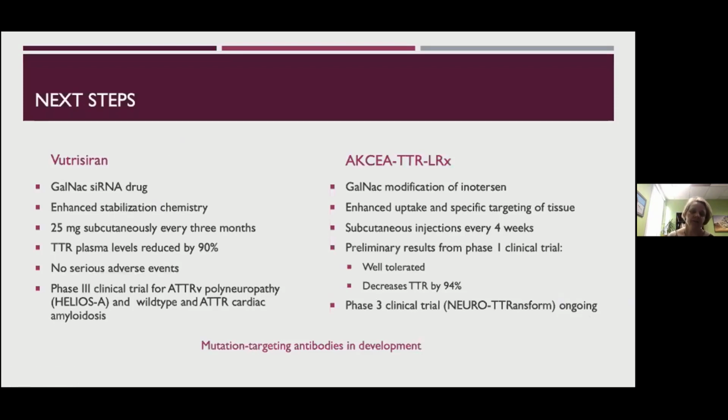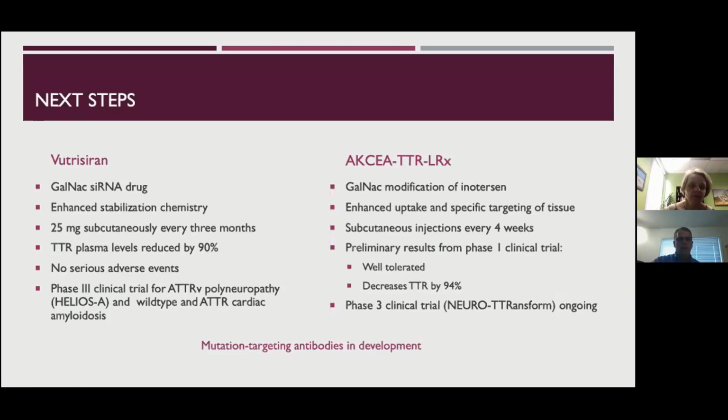There are really exciting developments right now. Patisiran is further developed with an enhanced stabilization chemistry, adding some sugar moieties, and is currently in clinical trials as vutrisiran. 25 milligrams are given subcutaneously every 3 months.